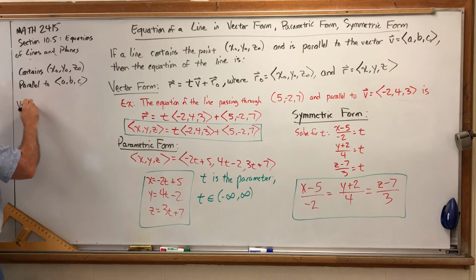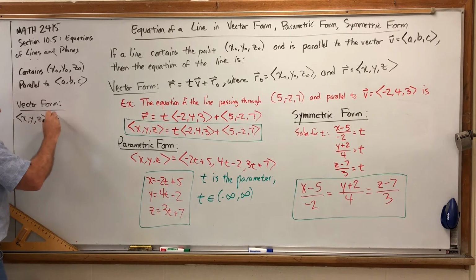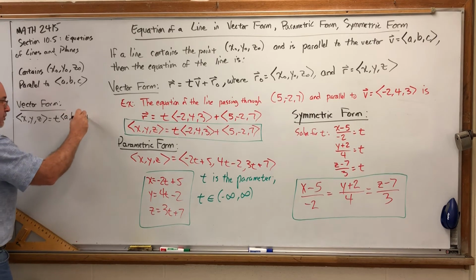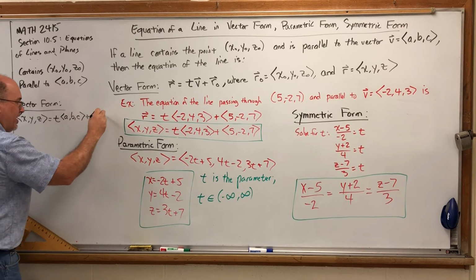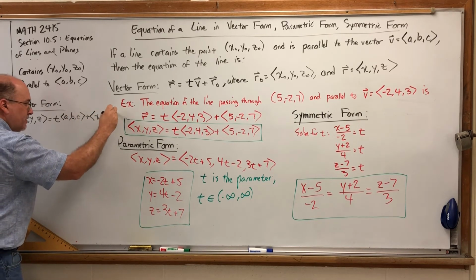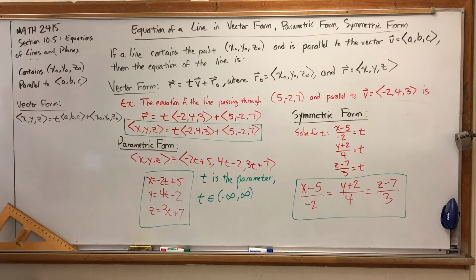Vector form would be xyz is equal to t times ABC plus x naught, y naught, z naught. So there's this generic setup for vector form.